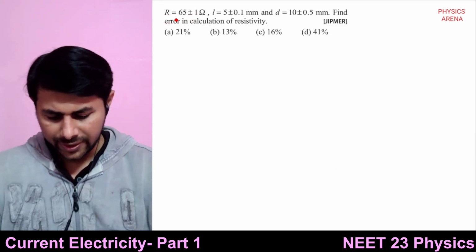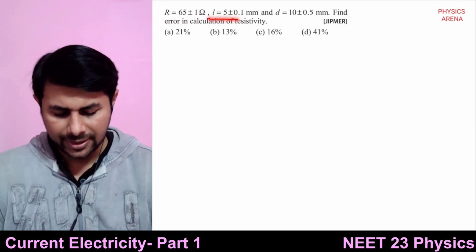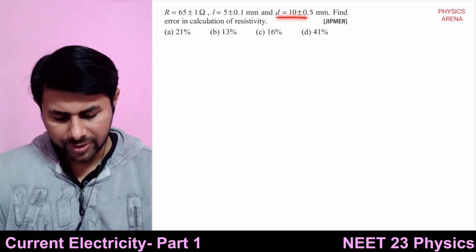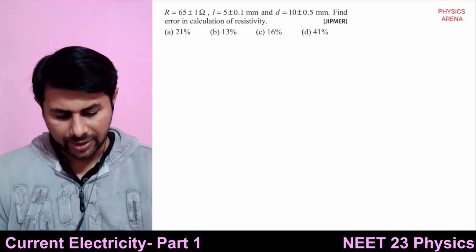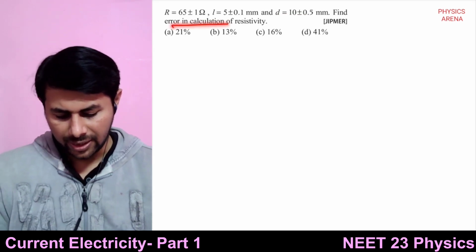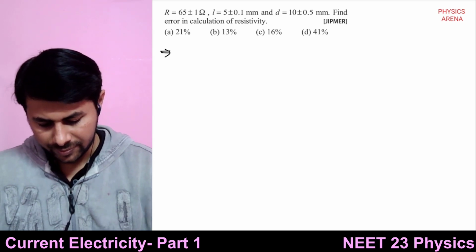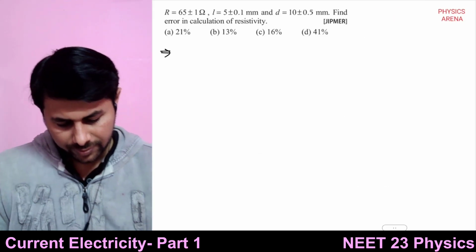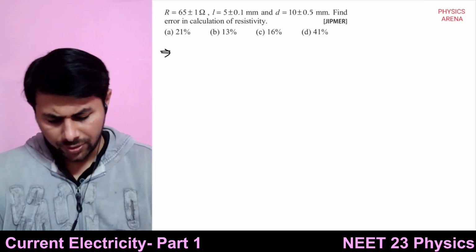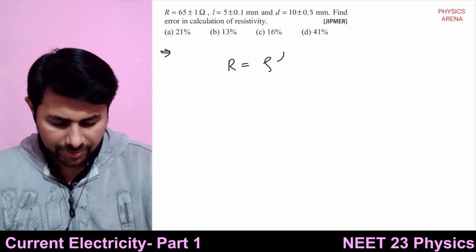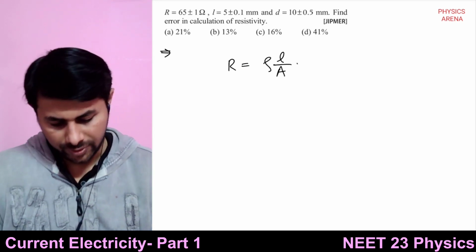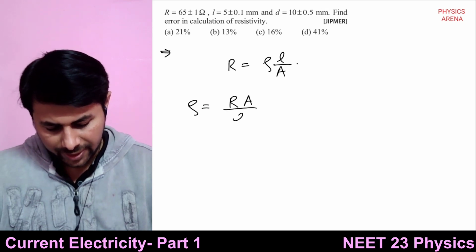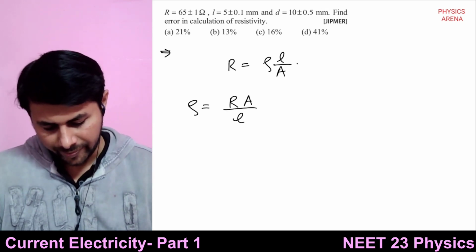R is equal to 16 plus minus 1 ohm, L is equal to 5 plus minus 0.1 mm, and D is equal to 10 plus minus 0.5 mm. Find the error in calculation of resistivity. So we know R is equal to rho times L upon A. Resistivity we can write as R times A divided by L, right?